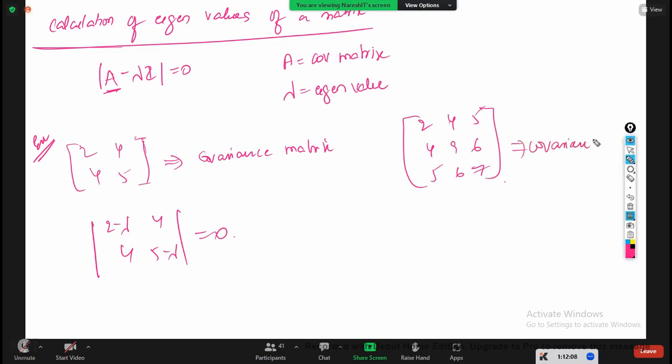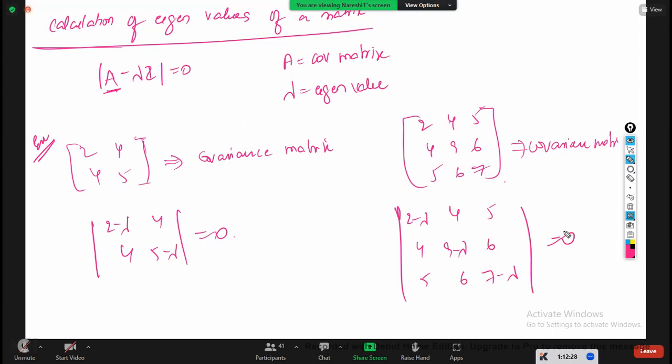If this is the covariance matrix, then what you do is write 2 minus lambda, 4, 5, 4, 9 minus lambda, 6, 5, 6, 7 minus lambda, and the determinant is equal to 0.